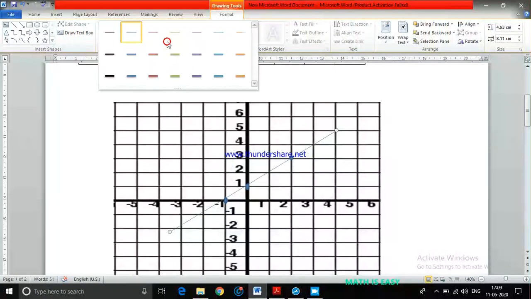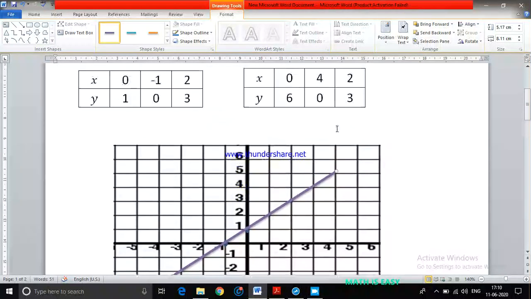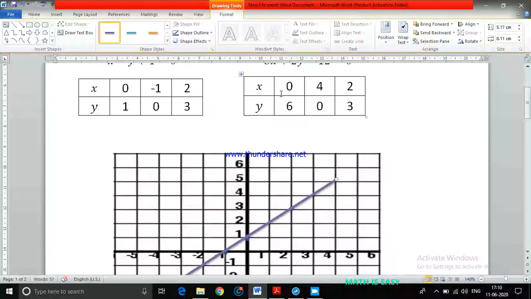So this is the line which we have and which is represented on the graph. So one line I represented. The second line is this one.